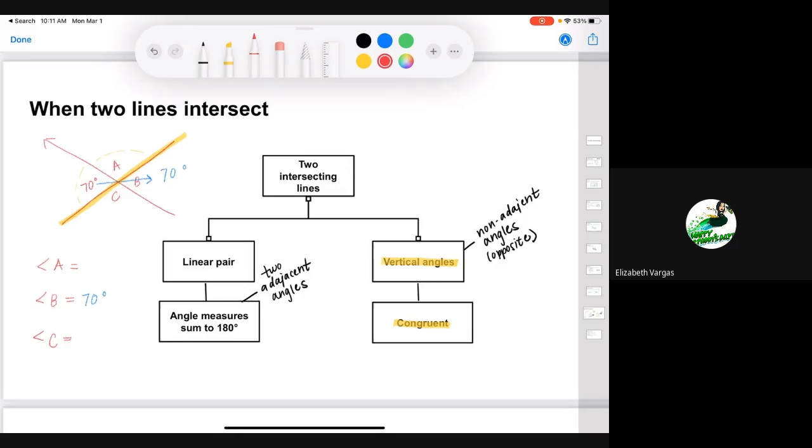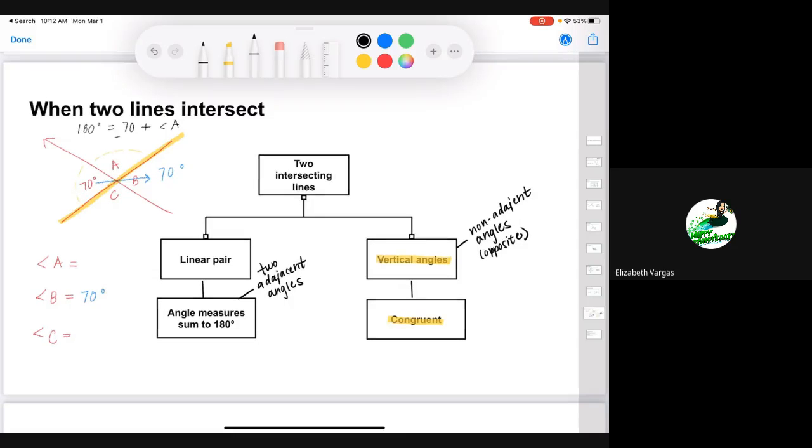So what I can do is use what I know about linear pairs, which is basically 180. They have to equal a sum of 180. So 70 plus whatever angle A is has to equal 180. So subtract 70. So A is equal to 110 degrees. So now I can plug that in.